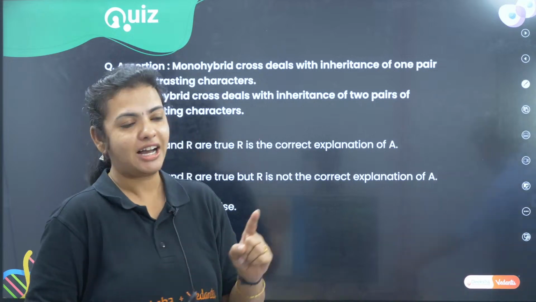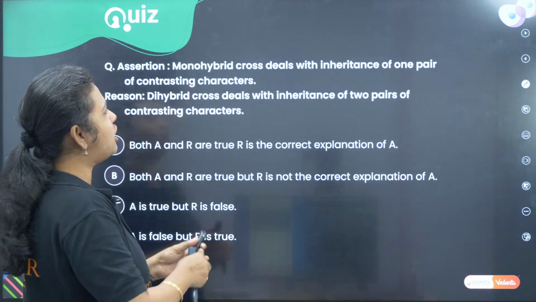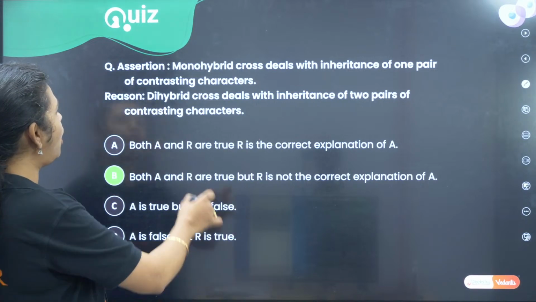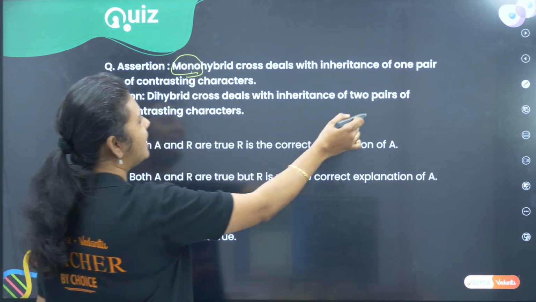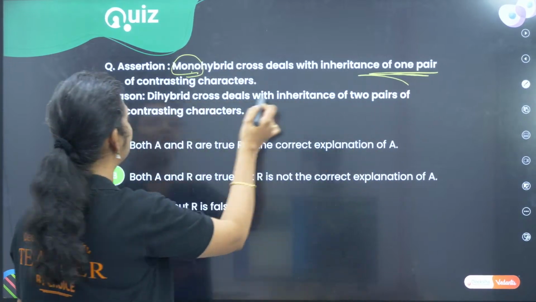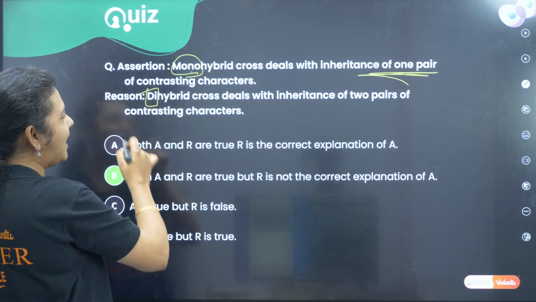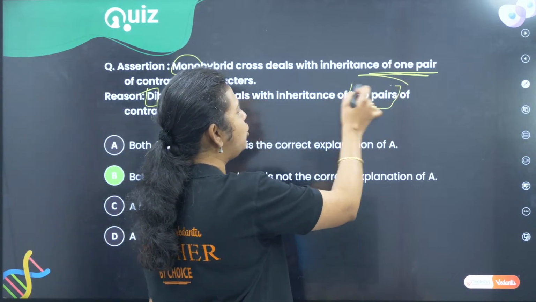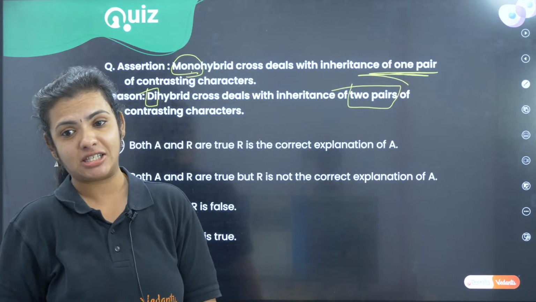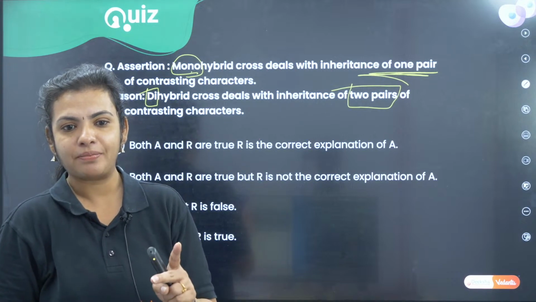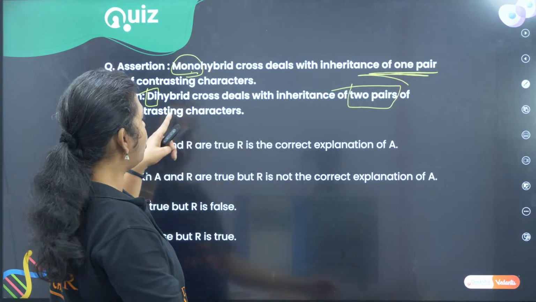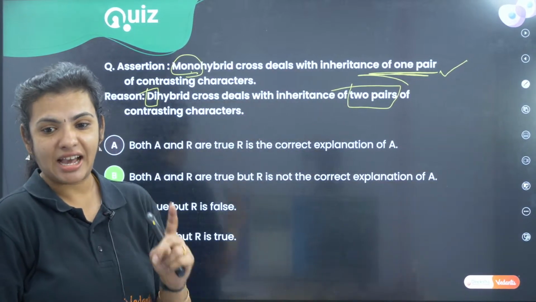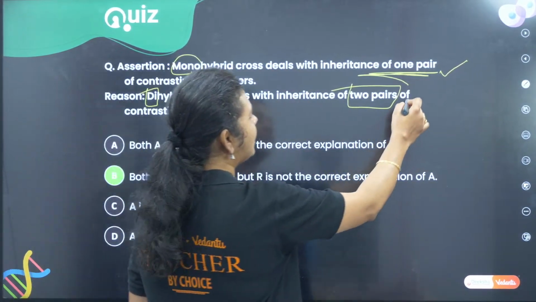Alright. So here, monohybrid cross, mono means one, correct. So monohybrid cross is dealing with one pair of contrasting characters, whereas dihybrid cross, di means two. So here we are dealing with two pairs of contrasting characters. Both are correct. Monohybrid cross is correct, dihybrid cross is correct.